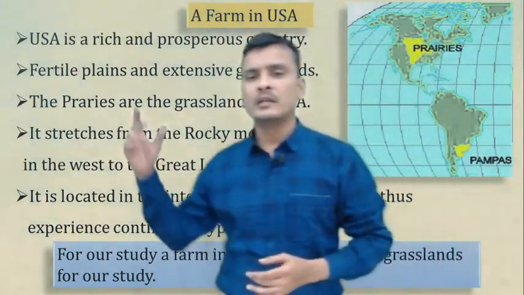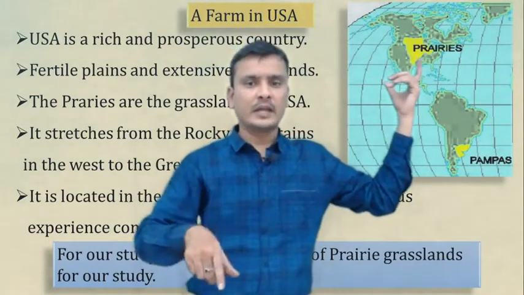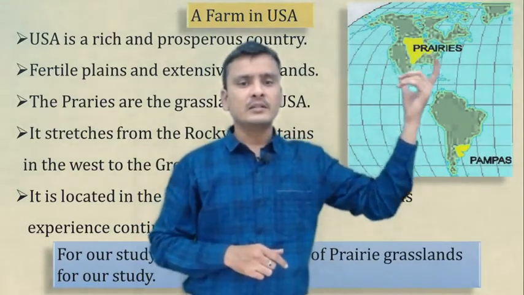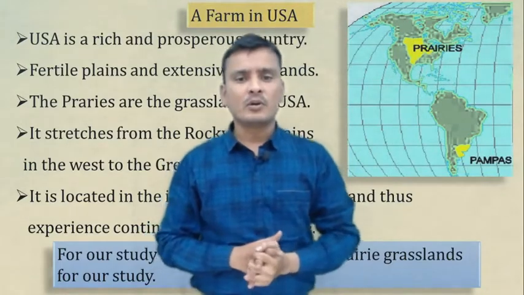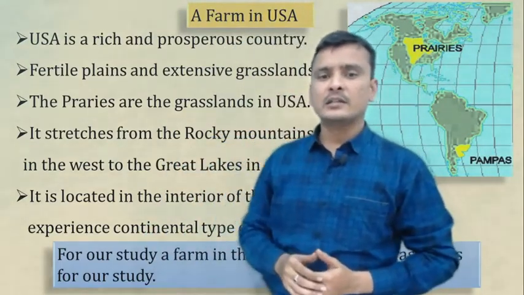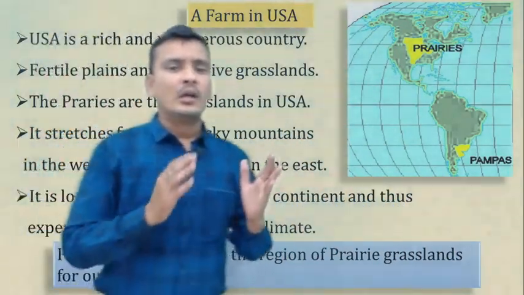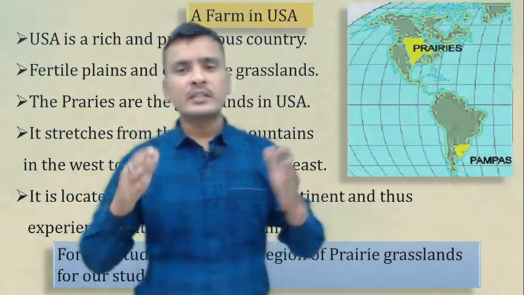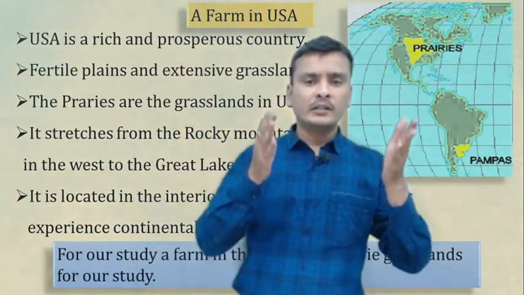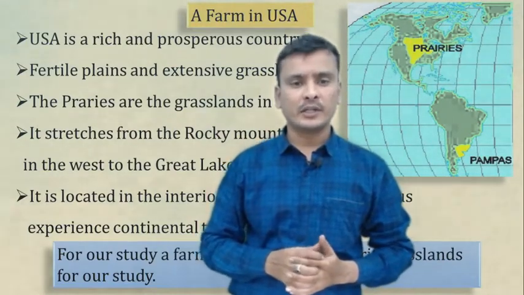You can see in the map that the prairie grassland stretches from the Rocky Mountains in the west to the Great Lakes in the east. And so we find that this prairie is located in the interior of the North American continent.